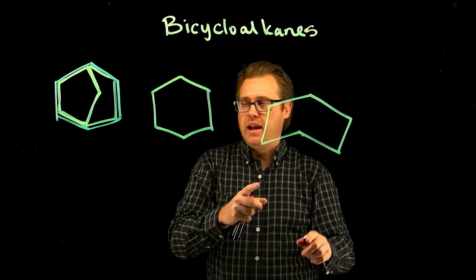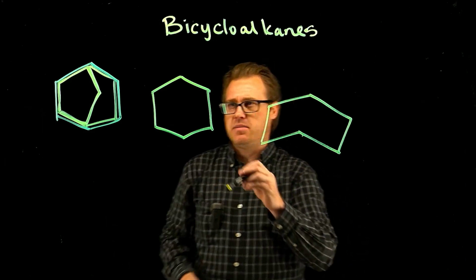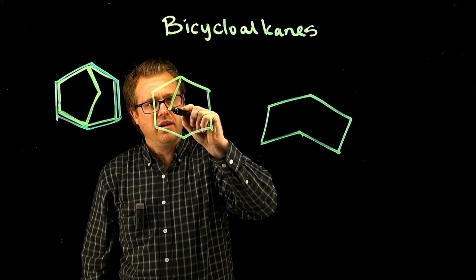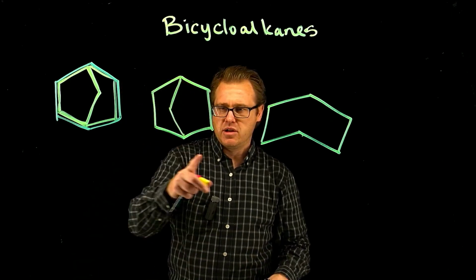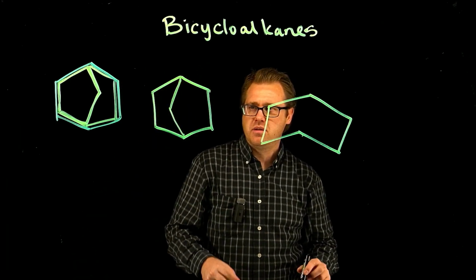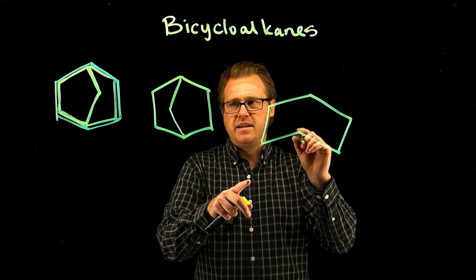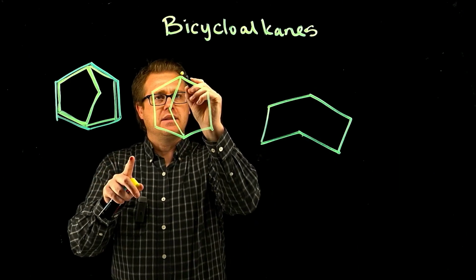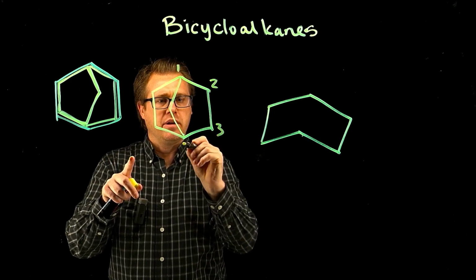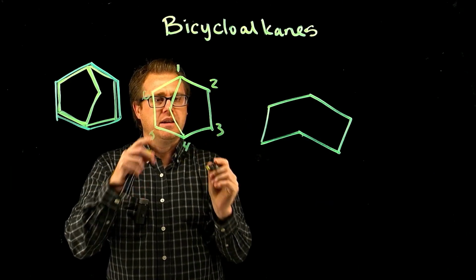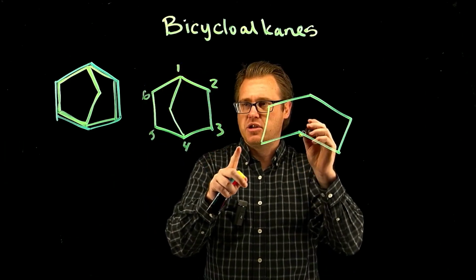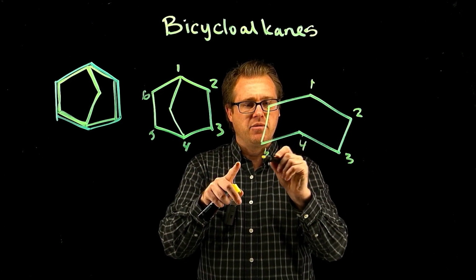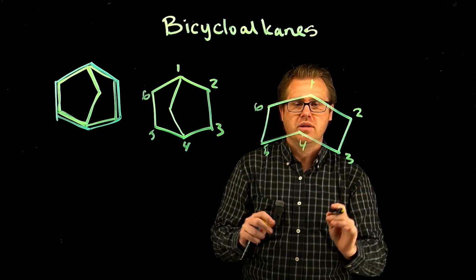And the reason why we draw it like this is because when we add that extra carbon right there, there's a total of 7 carbons in this molecule. We can represent it like this and number it 1, 2, 3, 4, 5, 6. Now this is just for numbering purposes, just so you can see where everything is. This numbering process that I'm doing right now is not for nomenclature.